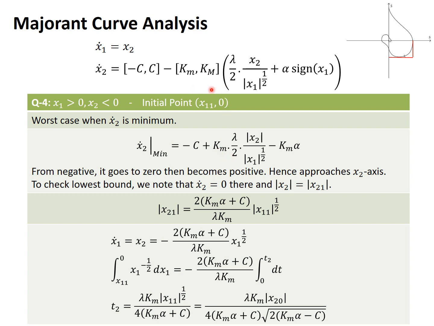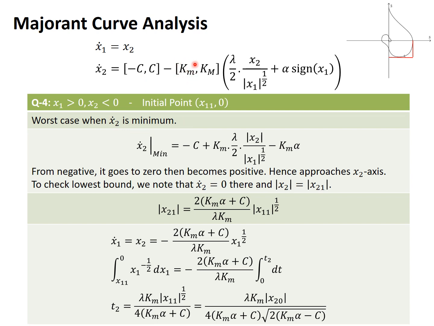Some of you might have the confusion why capital Km is not taken, because it seems that with minus c, if we take a larger quantity, minus k capital M, then it will work good, but it is not so, because x2 itself is negative. So, it contributes a sign here and it makes it plus. So, we need to add as little value as possible to minus c to keep it minimum.